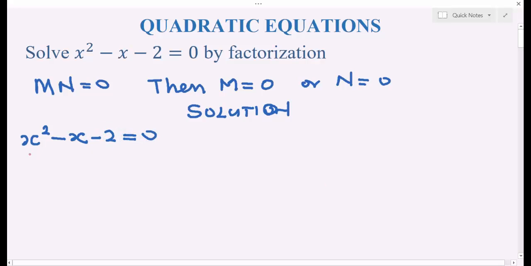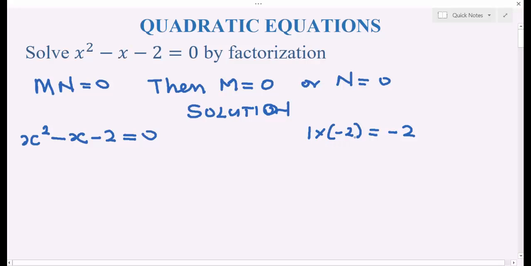What we are really concerned with is factorizing the left hand side, that is x squared minus x minus 2. So we will go by this. We'll multiply the coefficient of x squared and the constant. The coefficient of x squared is 1, times the constant, that is 1 times minus 2. This will give us minus 2.